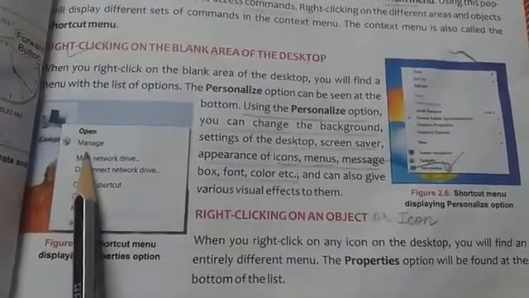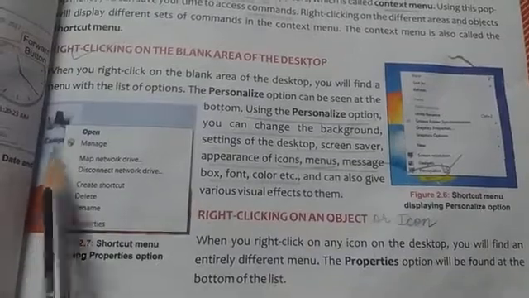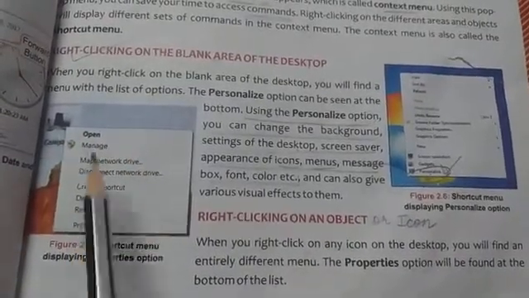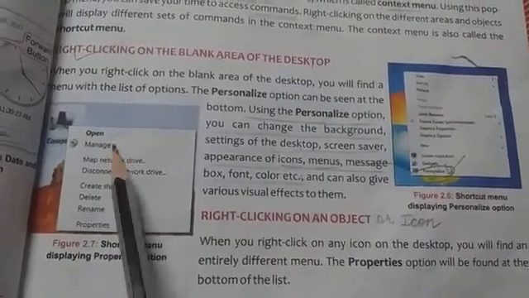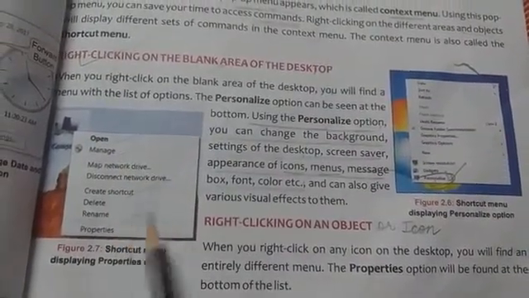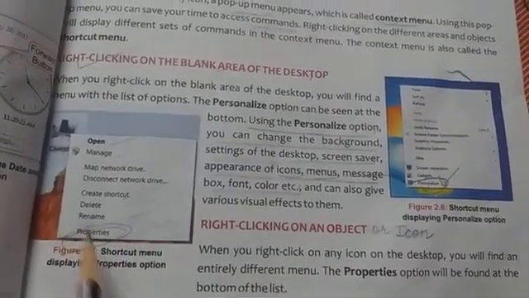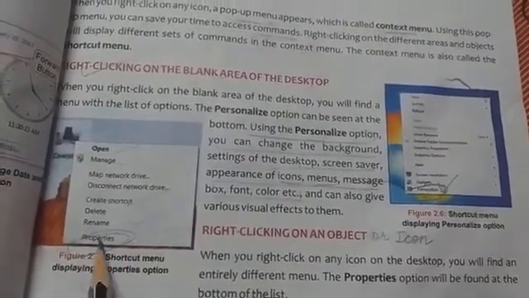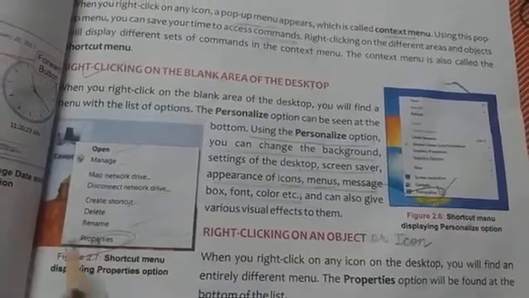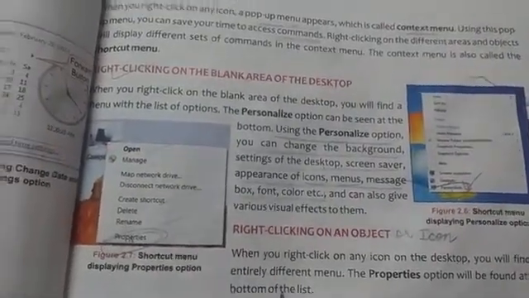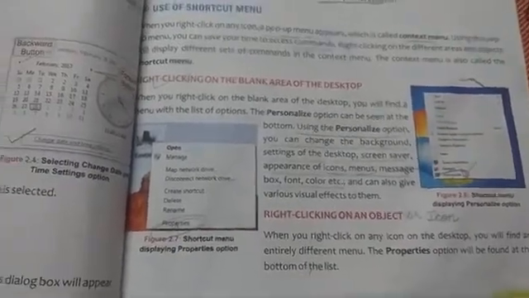As you can see, here are the options: open, manage, create shortcut, delete, rename, properties. At last we have the properties option, and by clicking on this option we can customize or change our icon's appearance. Now your lesson number 2 is completed.